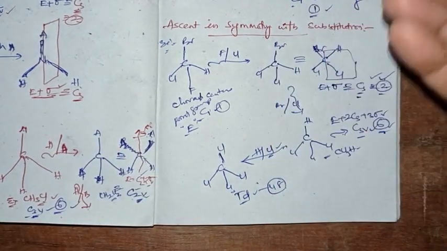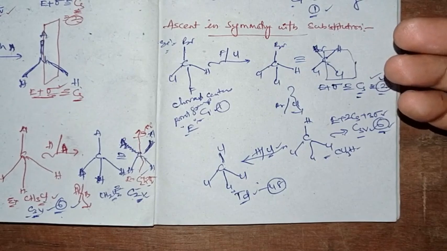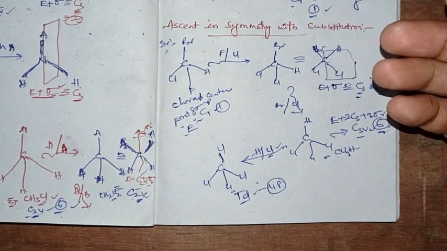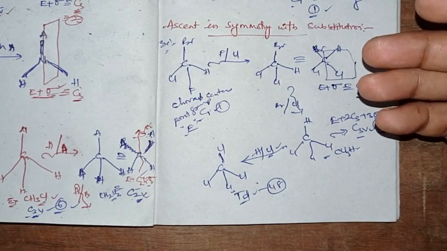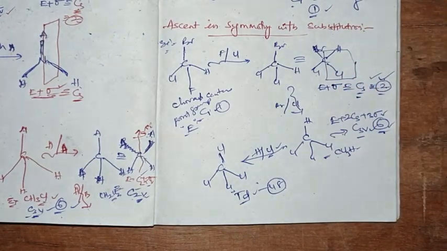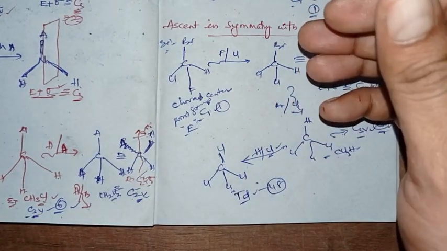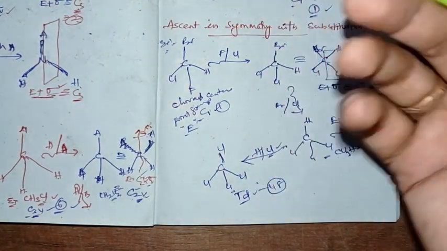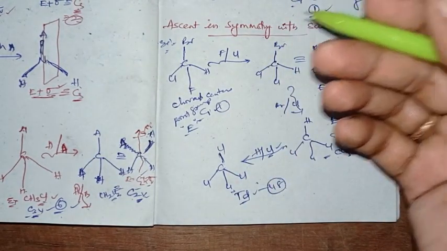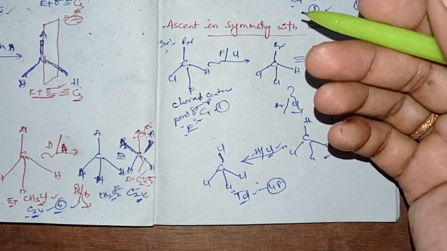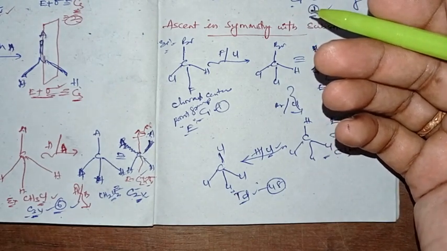Like this, enhancement of symmetry elements in the molecule with substitution is known as ascending symmetry. So like this, we can discuss ascending and descending symmetry. Here I stop. It may help you in the study of ascent and descent in the symmetry point group. Thank you.